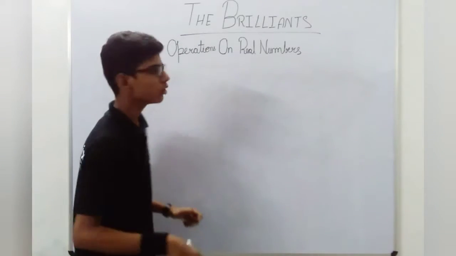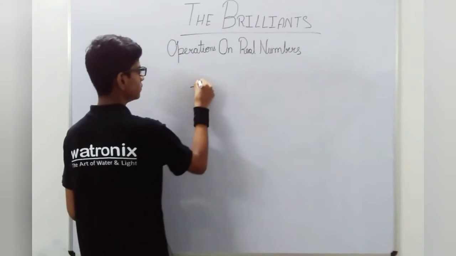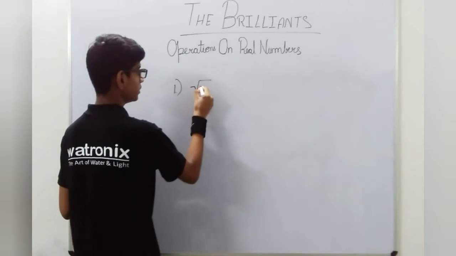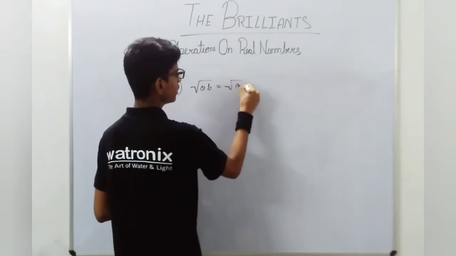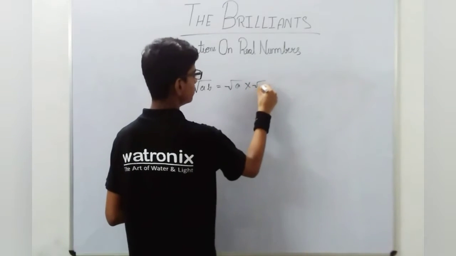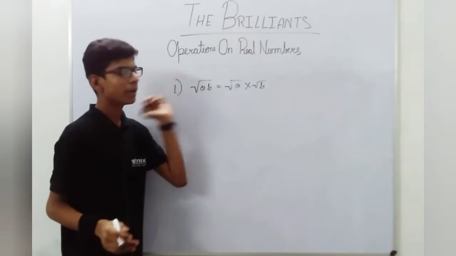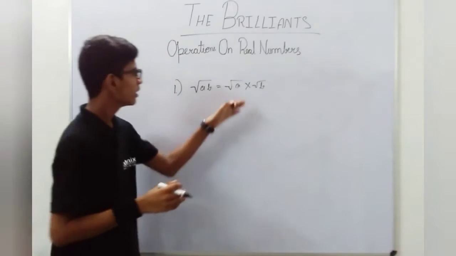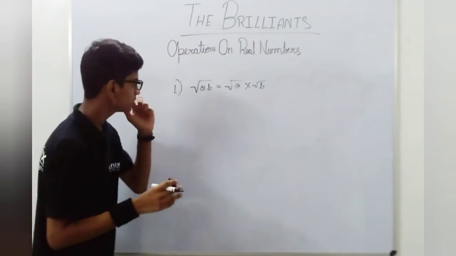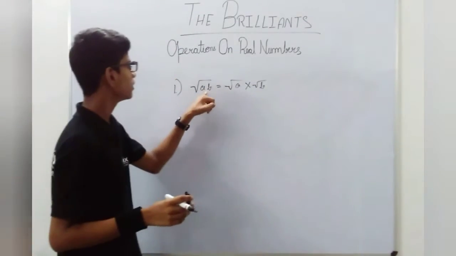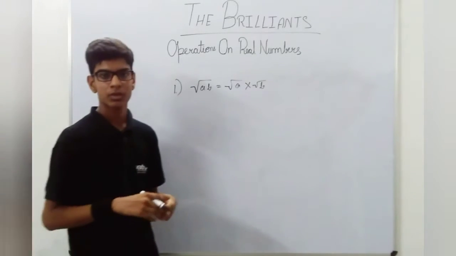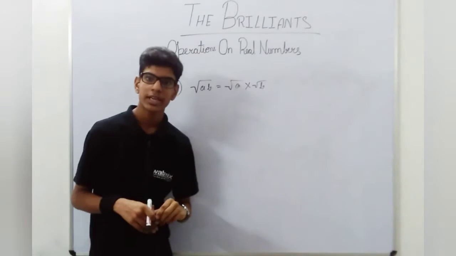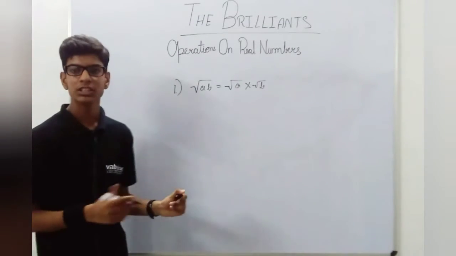But now we can see that under root ab is equal to under root a multiply by under root b. So if we have to multiply two numbers which are in root, a and b will be multiplied and the root will be taken as common. Okay, so it makes our work easier.